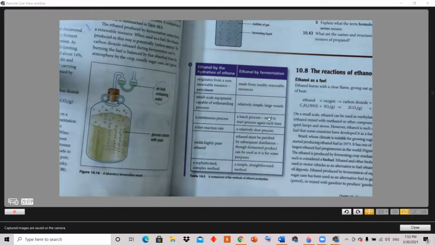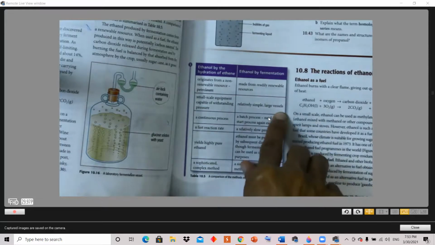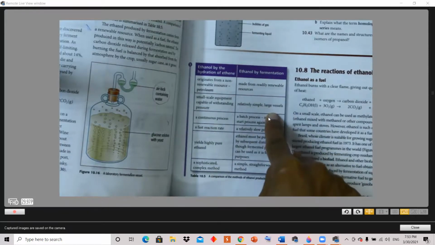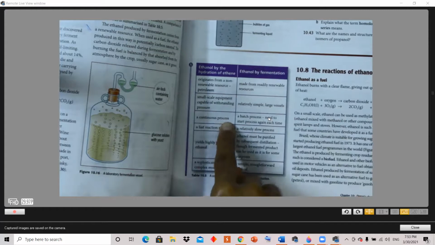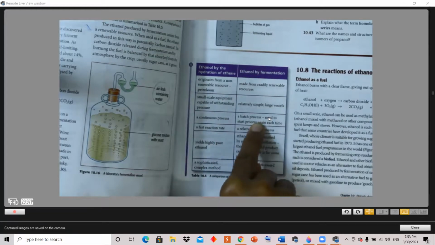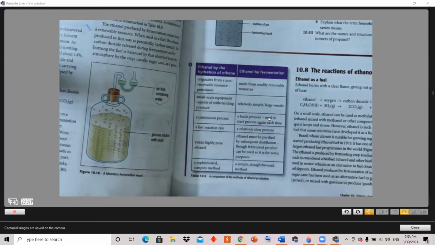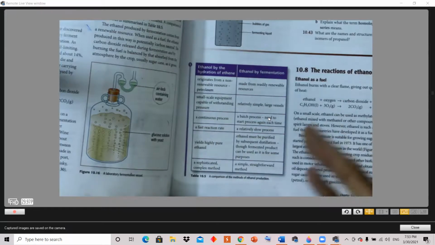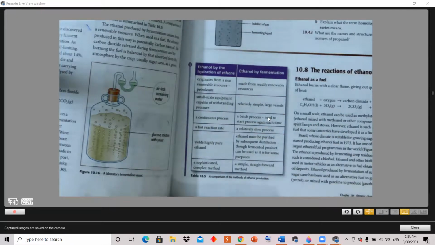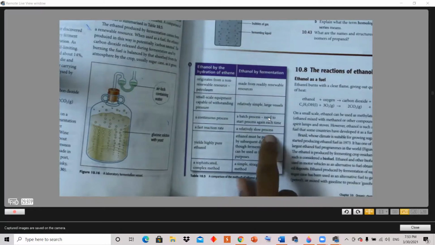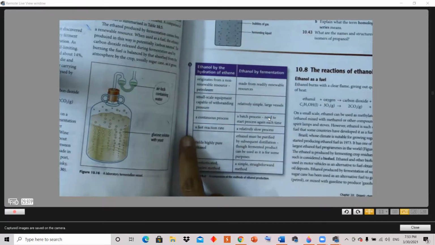You will be using electricity and pressure. Fermentation is relatively simple, economical, right? But it's a batch process, meaning enzymes reach their saturation and then you have to wait for the enzymes to be renewed, to detach. So fermentation is a slow process, whereas hydration is fast.